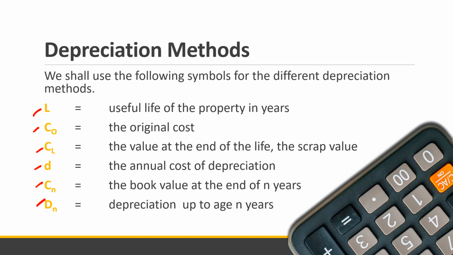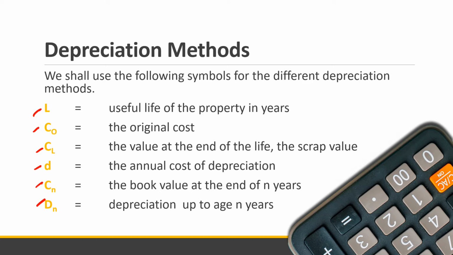C sub O is the original cost, the first value or market value, the buying cost of the property, the price when you bought it. C sub L is the value at the end of the life, or the scrap value or the salvage value.